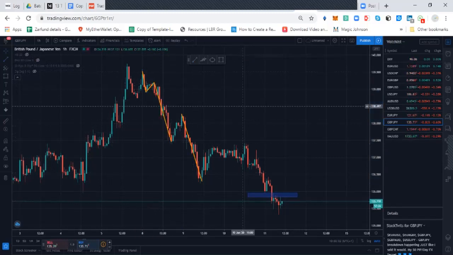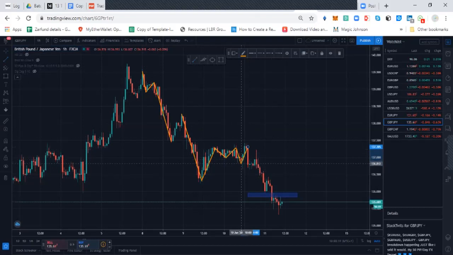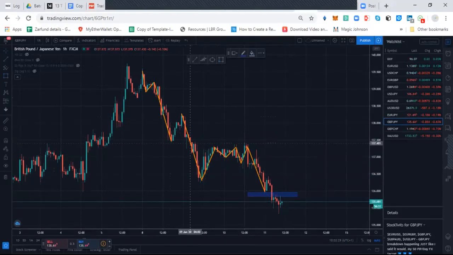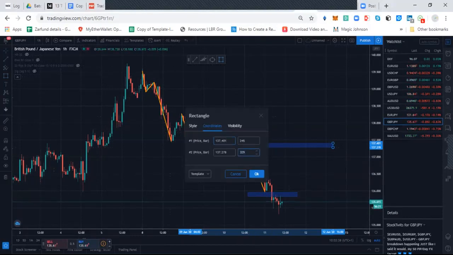Downtrend here. Once we saw price come to this low, that tells us we have a very good structure here.